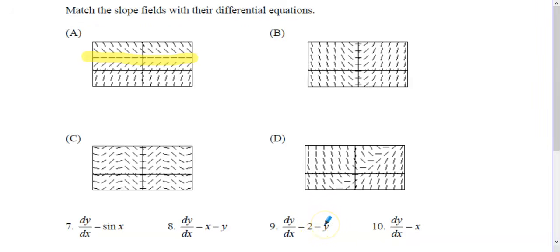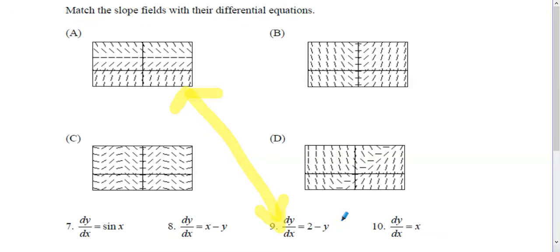If I put 2 in place of this y, because that's where these 0 slopes are, 2 minus 2 is 0. Regardless of what x is, this differential equation has a value of 0 when y is equal to 2, and therefore we can claim that this slope field matches up with differential equation number 9. So we've got A matched up with 9.